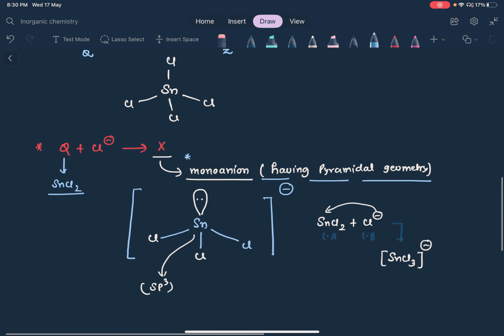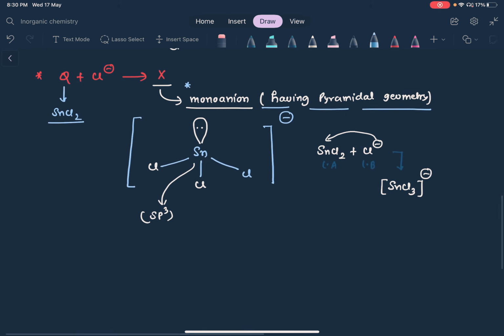Similarly, there is a Lewis acid base reaction when Q is reacting with Me3N. This one is also a Lewis base and Q, which is SnCl2, acts like a Lewis acid. So they can react with each other. We have Cl2Sn, and the tin will accept the electron pair from the nitrogen itself of the tertiary amine, and this compound will be formed.